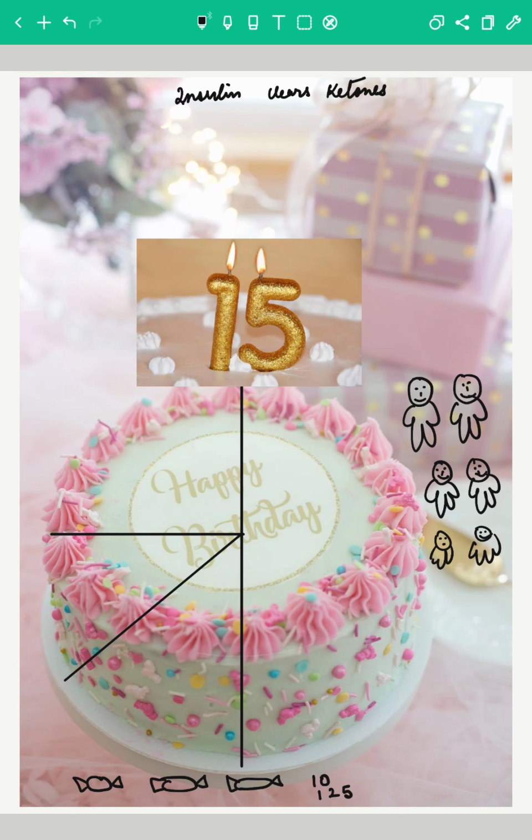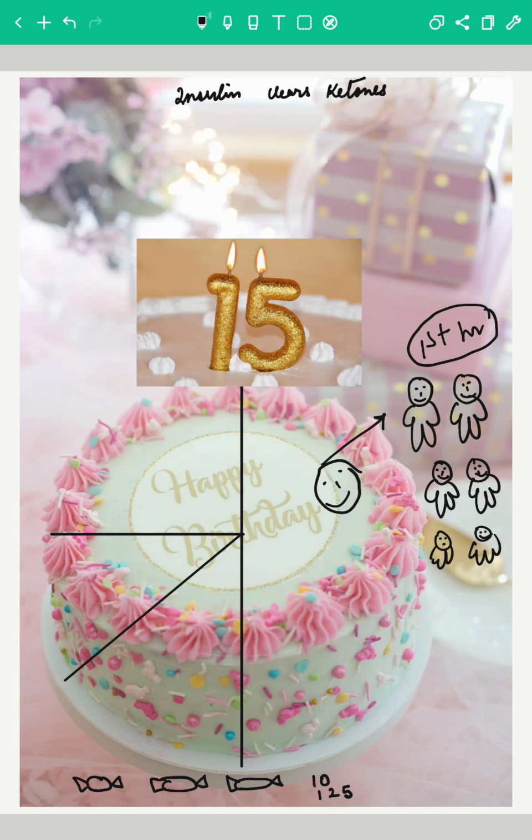So, in the first hour of the birthday party, we will be giving the major chunk of the birthday cake. These people had come in the first hour and they have taken a major chunk of the birthday cake. Now, how much are they taking?